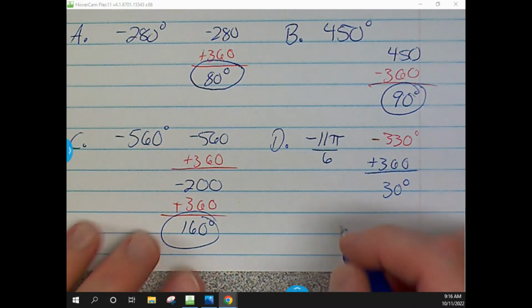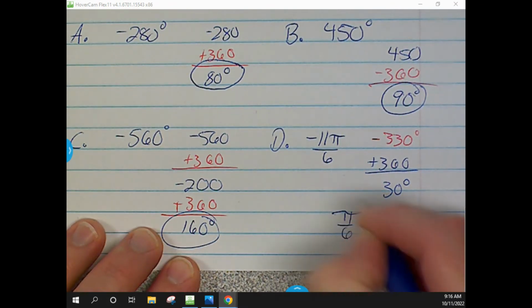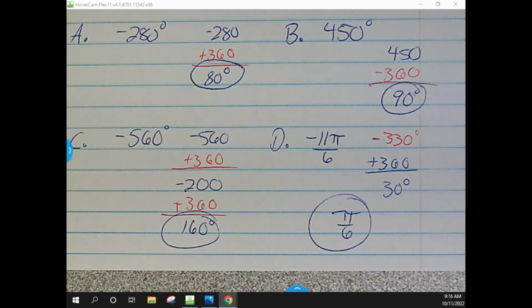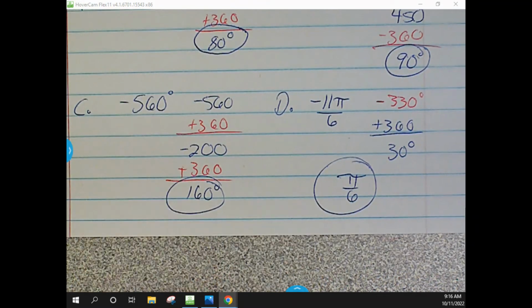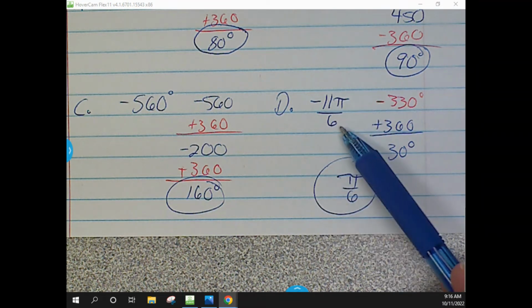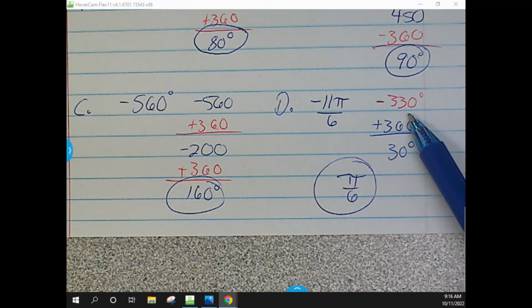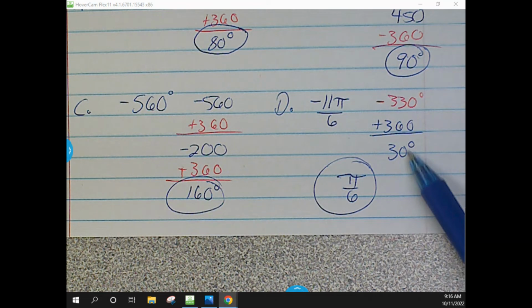So this answer would be pi over 6. So just take the number that's in pi terms, which is radians, figure out what that would be in degrees, and then from that point, you either add or subtract 360 to that, get the answer, and then convert it back into the radian measure.